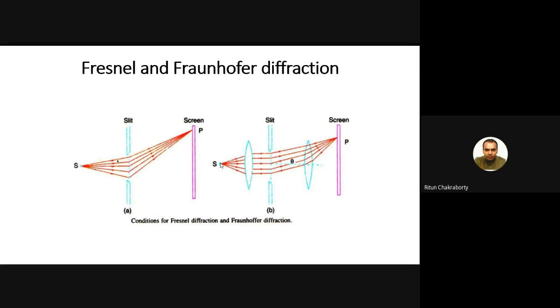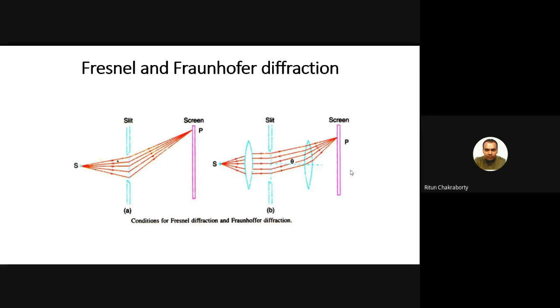The source is at infinity and the rays of light are coming from infinity and getting incident on this lens, and they are then incident on the aperture, and on the aperture they are getting diffracted. But at the same time there is another condition, which is the screen itself is placed at an infinite distance.